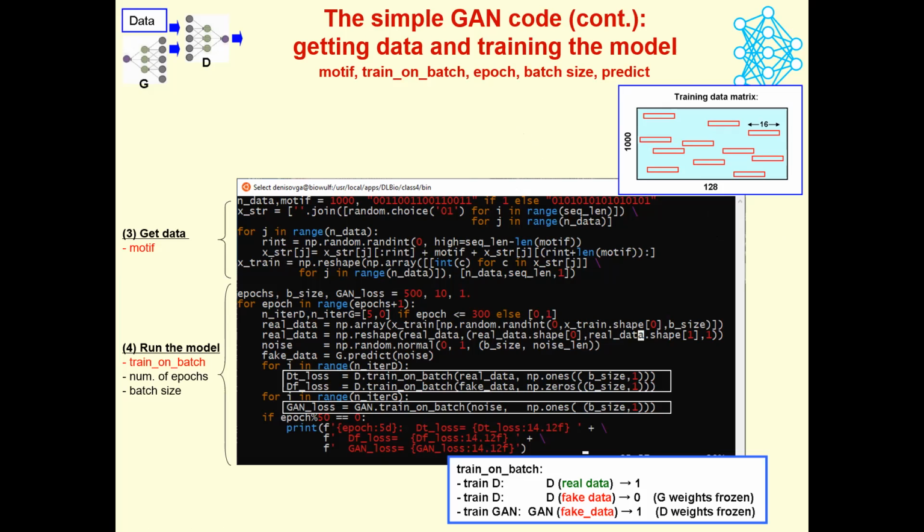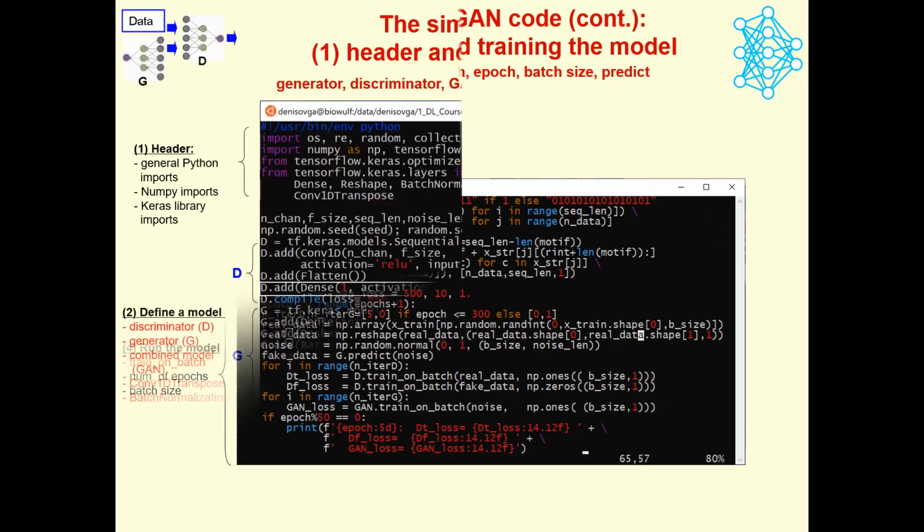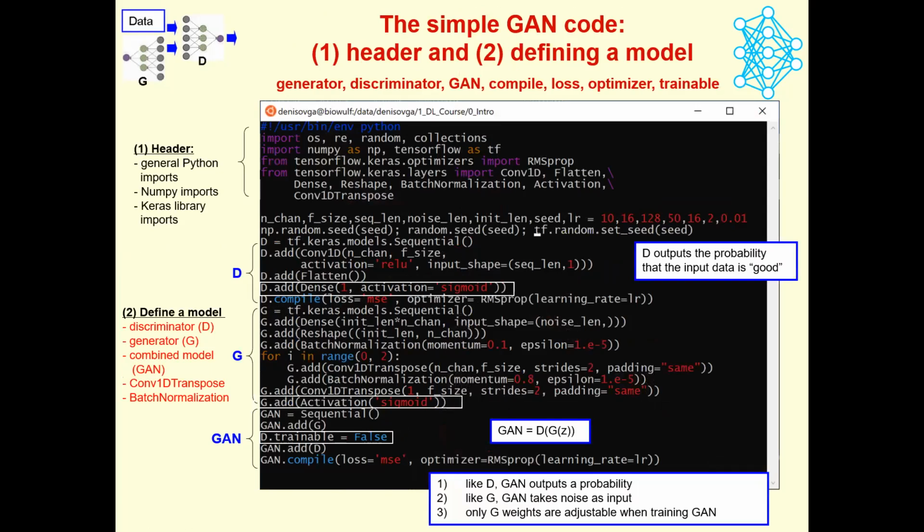I think I got it. So you mentioned you only set the discriminator trainable equal false only for the GAN, but not for... Let's see. We do trainable false only when we build the GAN, right? But before we did that, we built the discriminator.